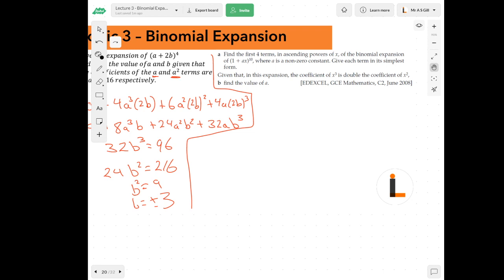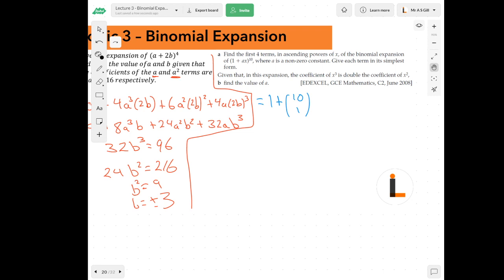So I'll tell you what, let's go through this question. This is an exam question, so hopefully this will clarify it. It says find the first 4 terms in ascending powers of x. So let's expand this to start off with. The first term is just going to be 1 to the power of 10, which we're going to write as 1, plus 10 choose 1. I'm not going to include 1 to the power of anything because it's always just going to be 1.